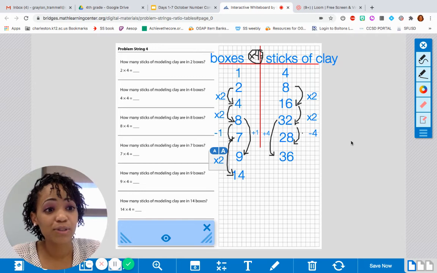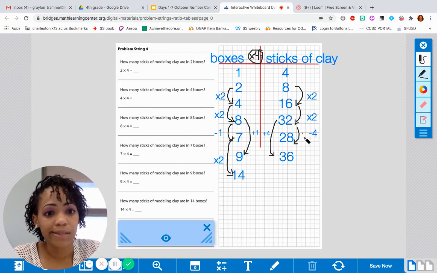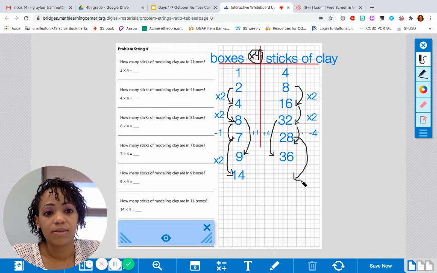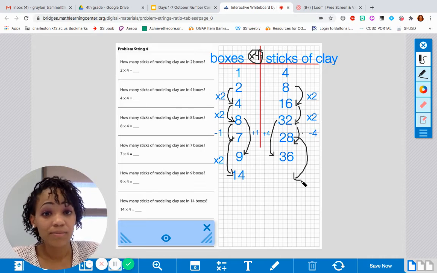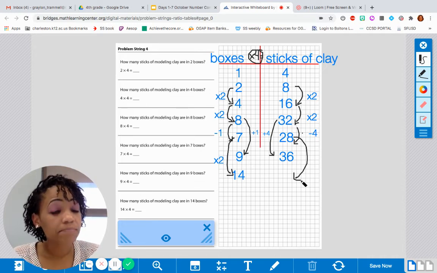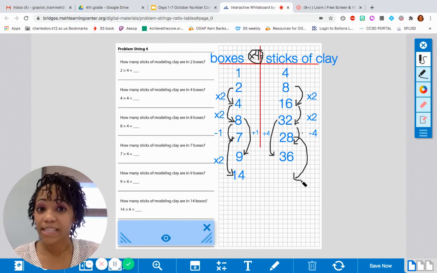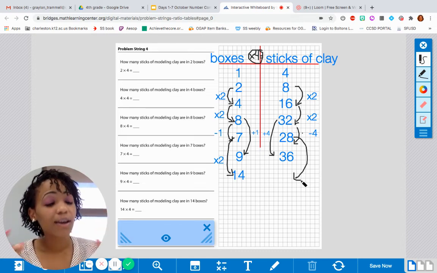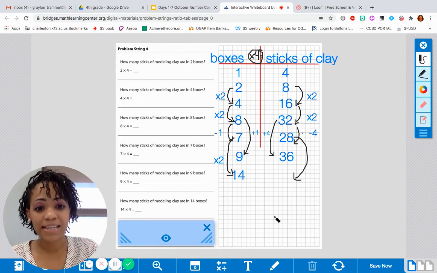So over 7, it was 28. So then let's double 28. And I hope you guys are able to keep track of my arrows here. 28 doubled. 20 plus 20, right? 40. 8 plus 8, right? 16. 40 plus 16, right? 56.